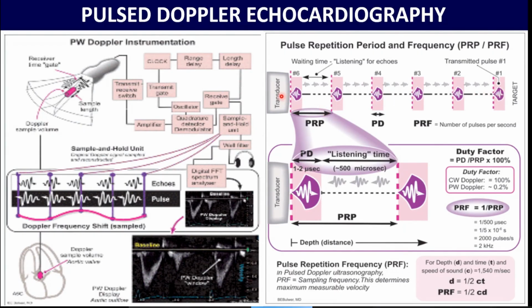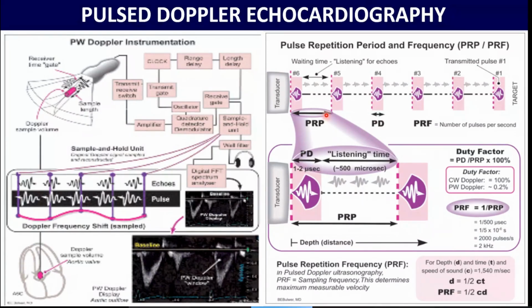In pulsed Doppler echocardiography, there is a single transducer which emits a pulse, then waits for the pulse to return, and only then sends the next pulse. This number of pulses per second is called the pulse repetition frequency, and the duration of each pulse is called the pulse duration, and the interval between two pulses is called the pulse repetition period.